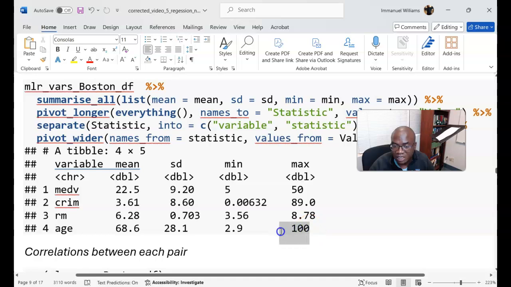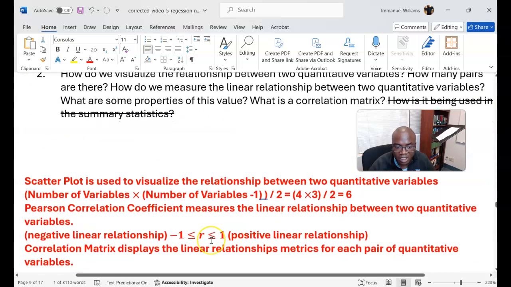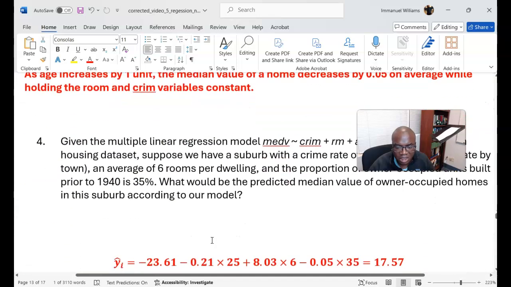So that's how you'd have to input it into your equation. So what do I mean by inputting it into your equation? It is by doing the following steps. You state the y-intercept, state 25, 6, and then 35, and then multiply by the regression coefficients.